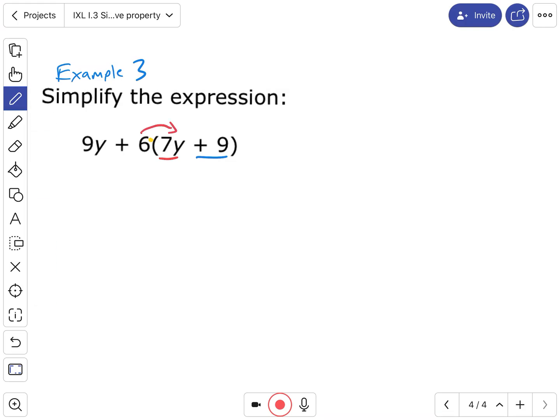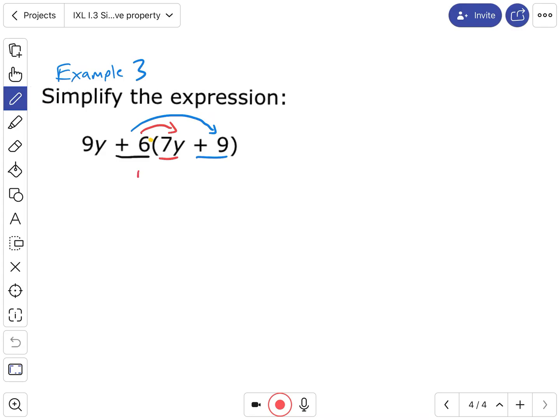So that positive 6, and keep in mind, if this was a negative right here, you would definitely multiply negative 6 times whatever. But because this is a positive 6, we're going to multiply it positive. But the point is to make sure you're aware of what sign all the terms are, because they're going to multiply, and that will affect the sign of the products.